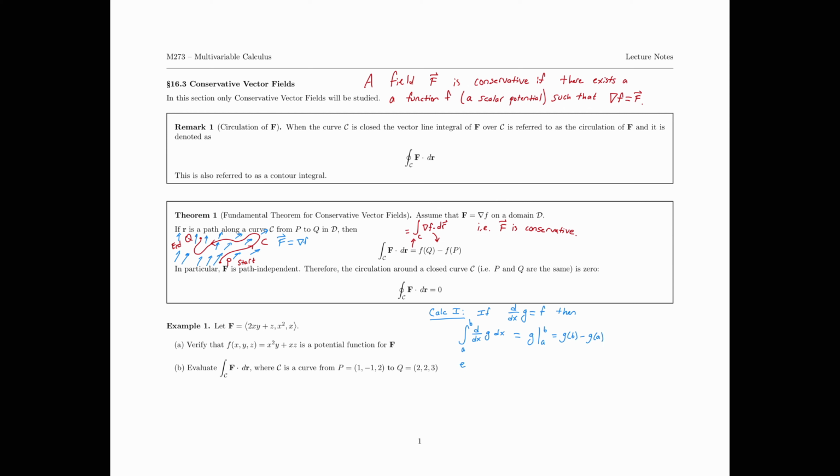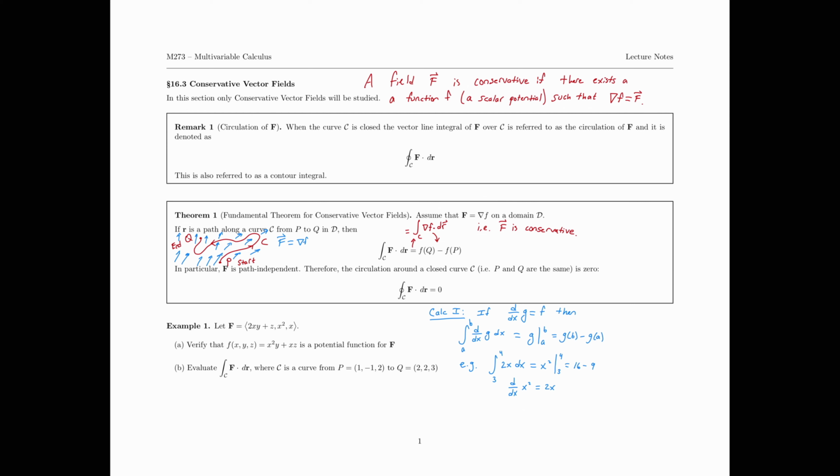A more concrete example is the integral of 2x dx between 3 and 4, let's say. Well, we know that the derivative of x squared equals 2x. So we can say x squared between 3 and 4 and get 16 minus 9. It's because this is an antiderivative of that.